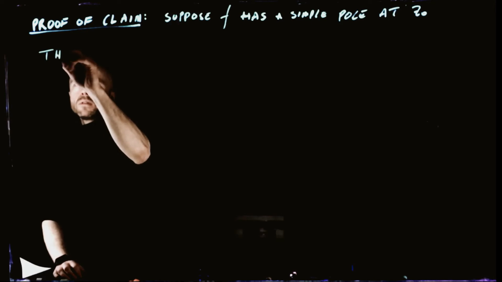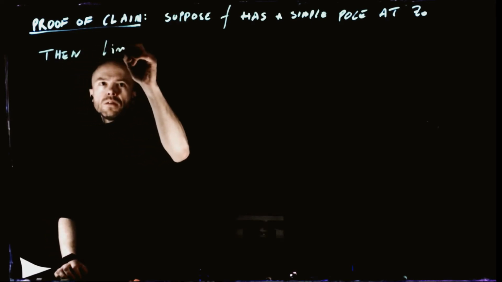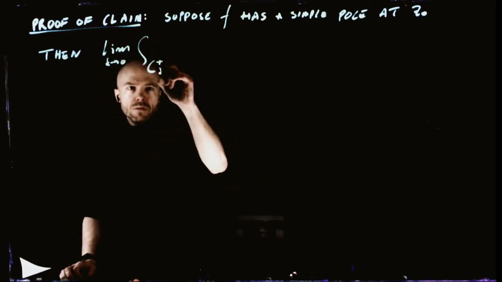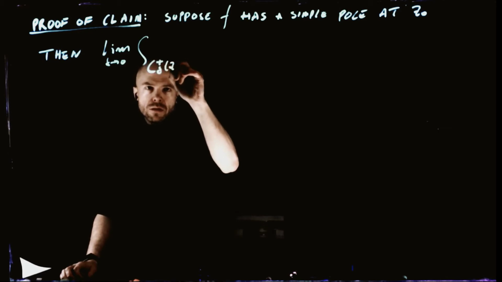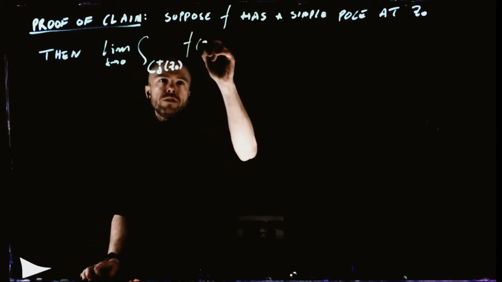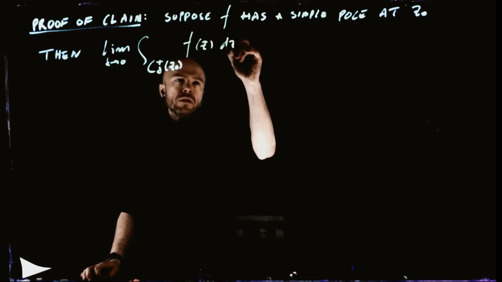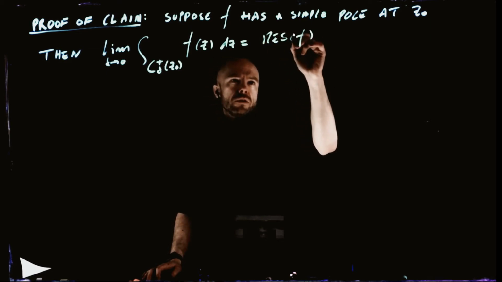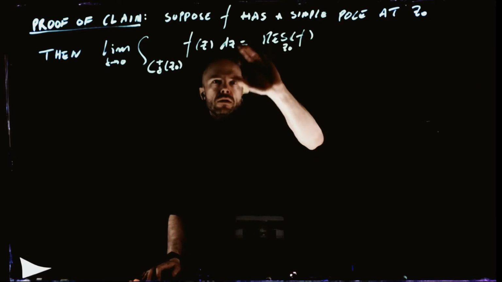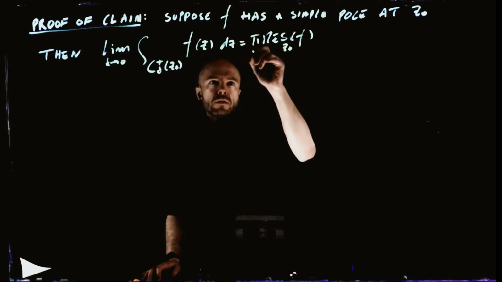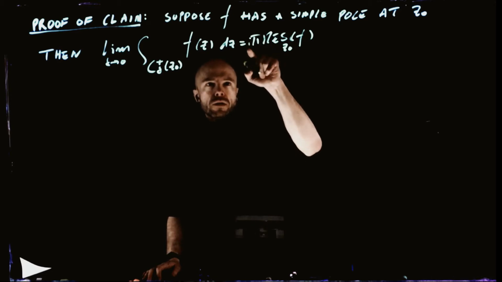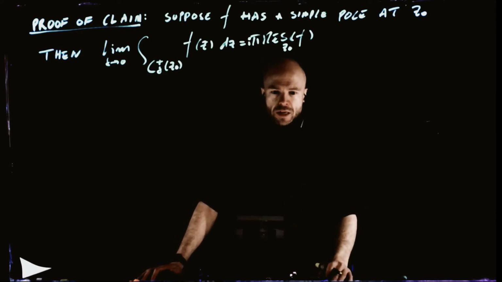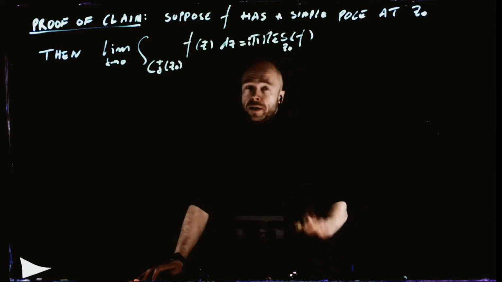Then the limit as delta goes to 0 of the integral around the upper semicircle, oriented anti-clockwise, of f(z) dz is equal to the residue of f at z0 times i times pi, instead of i times 2 pi as we normally would have. Okay? All right, let's see why.